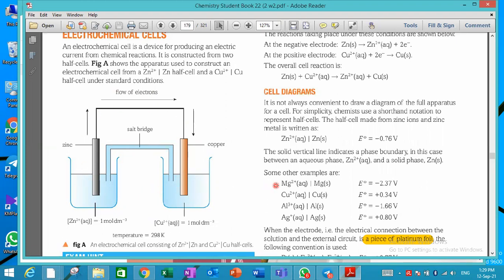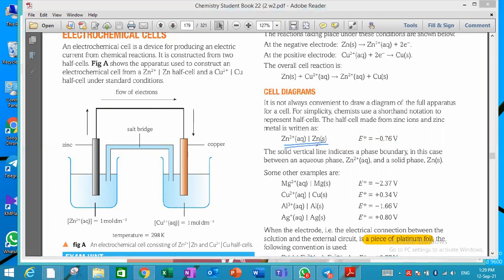Now, when we measured the standard electrode potential of zinc, it was minus... Usually the half cells are written so that the ions are written first and then the metal.